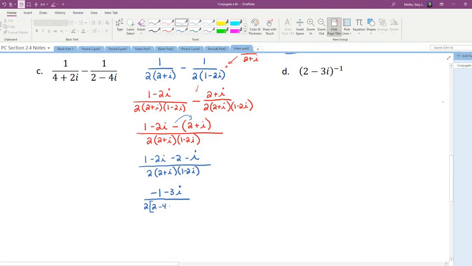Negative 4i, minus i, minus 2i squared, which gives me a 2 times, all right, negative 4i minus i is minus 5i. And this i squared right here is negative 1, so this becomes plus 2. And I have this plus 2, so I end up getting 4 minus 5i.